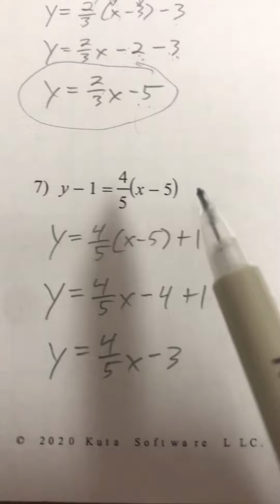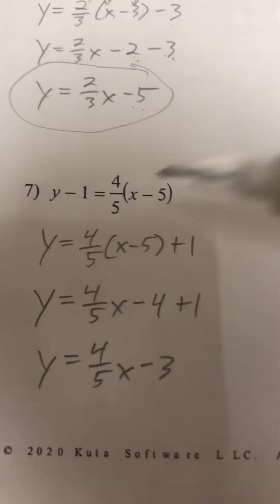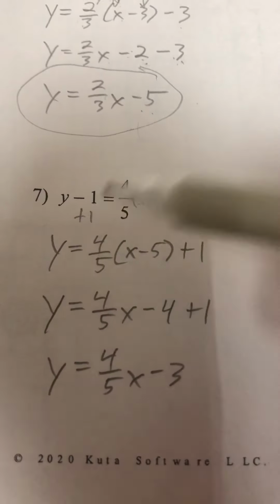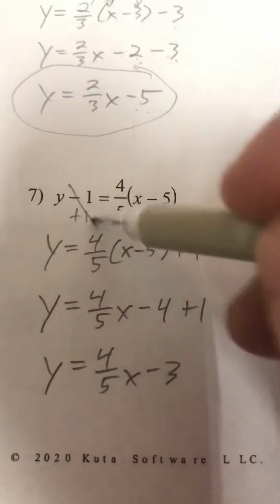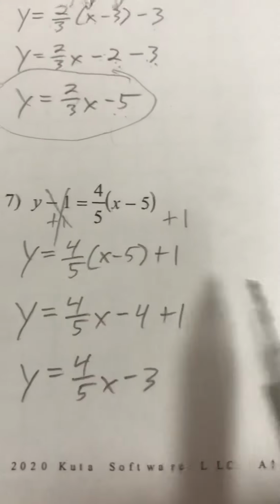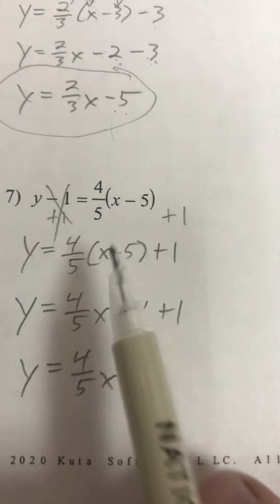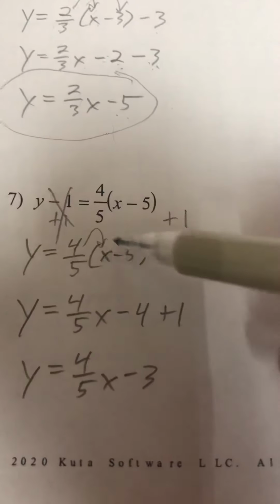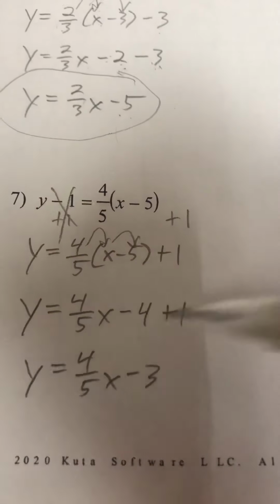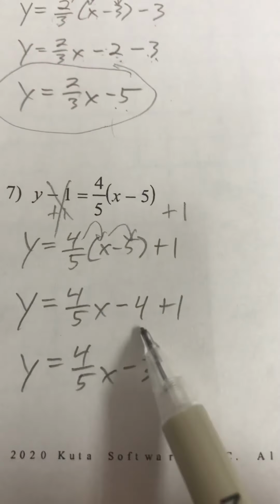And then lastly, my last example, do the same thing. I'm adding 1 to both sides. I'm trying to get y by itself. I want it to be in slope-intercept form. So get rid of that. And then I use the distributive property. 4/5 times x is 4/5 x. 4/5 times negative 5 is negative 4. And then I just combine my like terms.